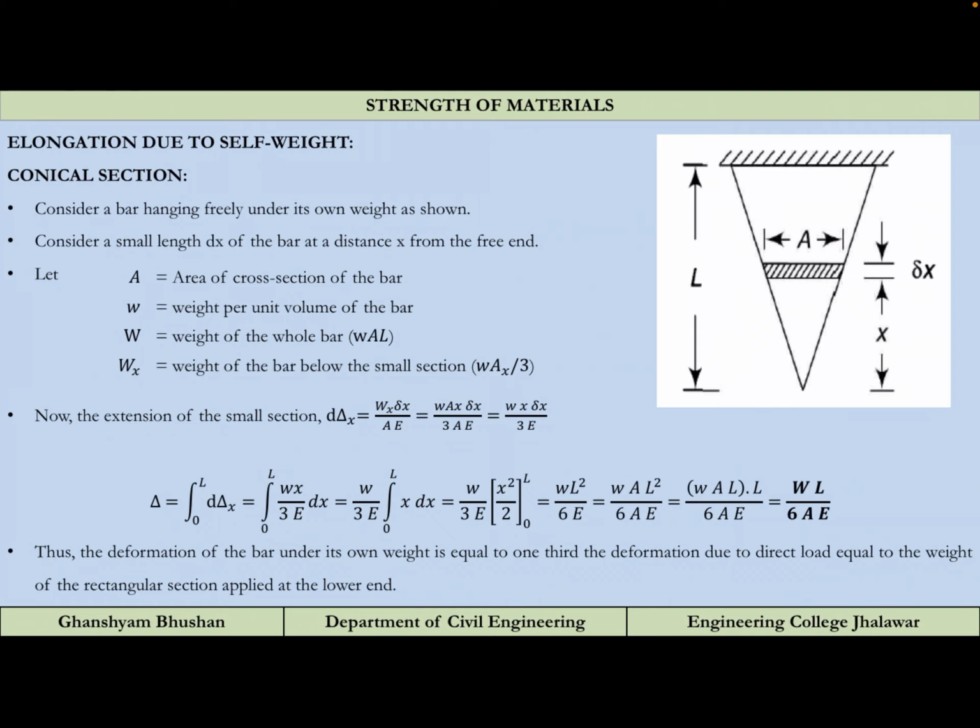For a cone, you know that the volume is 1 by 3 of the cylinder. So from there this factor 3 is coming. Everything will be divided by 3, because the whole equation is the same. So the deformation of the bar under its own weight is equal to 1/3 of the deformation due to direct load, equal to the weight of the rectangular section applied at the lower end. So it is 1 by 3 times of what we were getting.